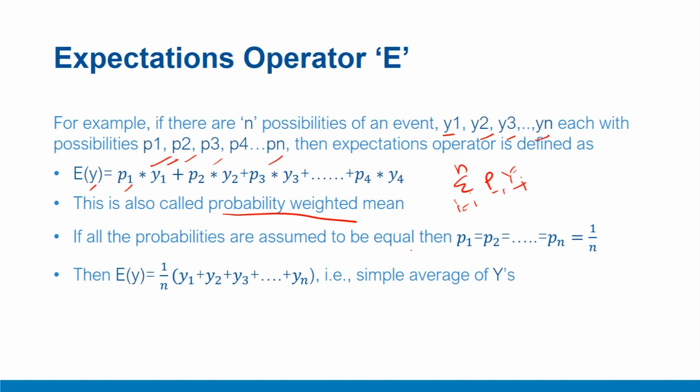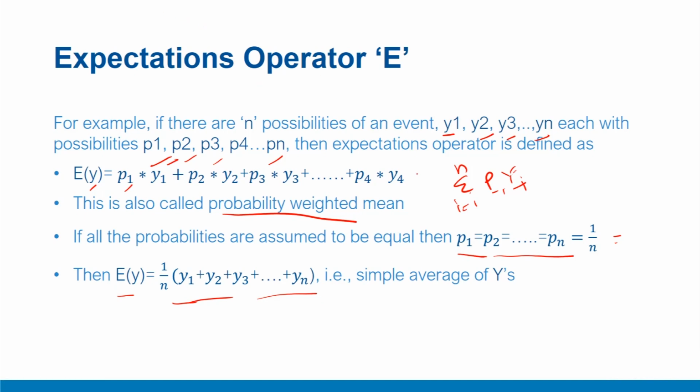Many times we do not have any a priori knowledge about possible probabilities. So if all the probabilities are assumed to be equal, then p1 equals p2 and so on, equal to 1 upon n. In that case, the expectation is nothing but the simple average of all the possible outcomes of y.